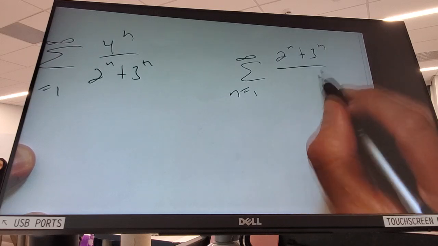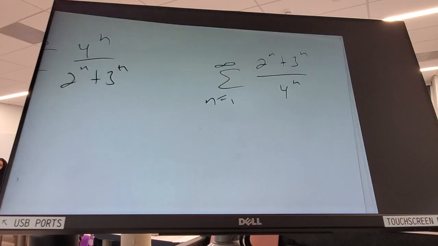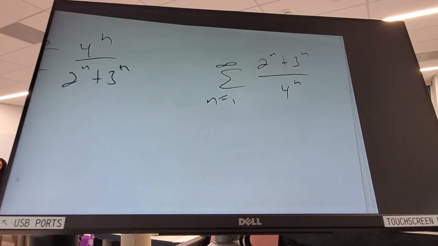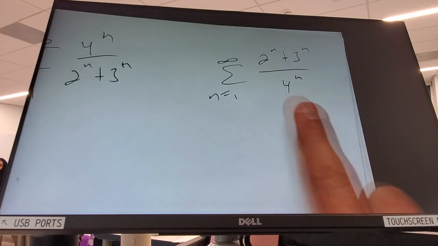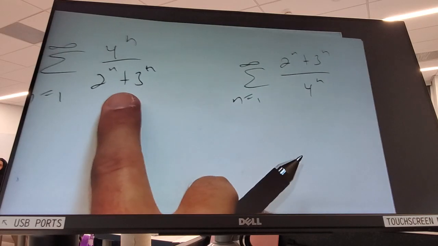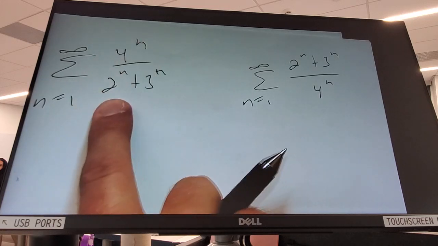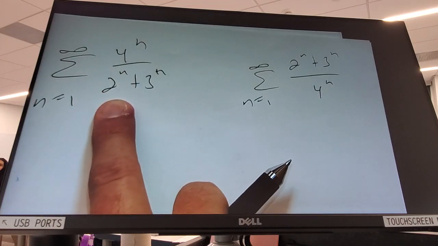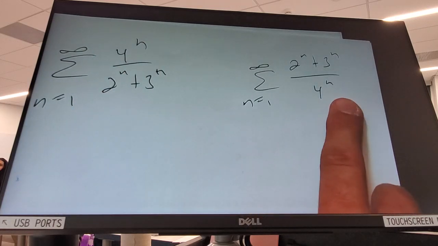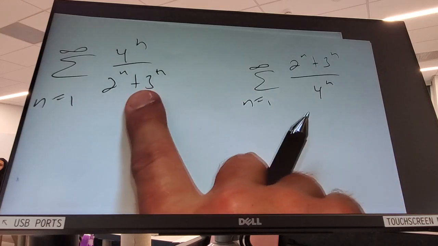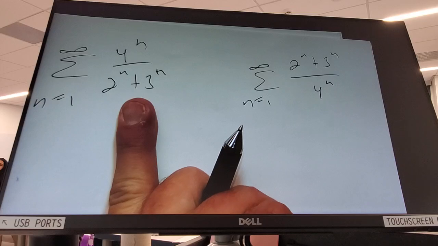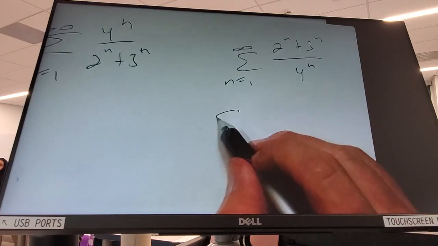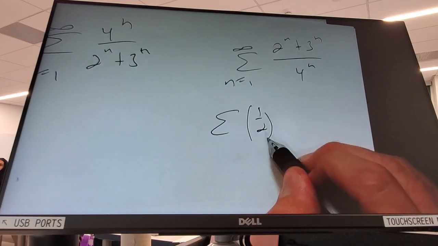Does it make sense that, how do I say this? If this converges, that might tell me something about this, potentially, yes? If the limit of this one is 0, the limit of that one might be infinite. This one, really quickly, would be this.